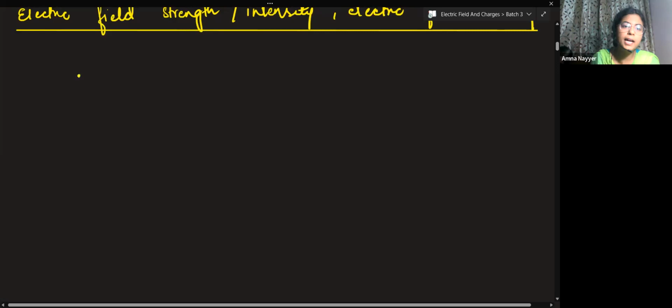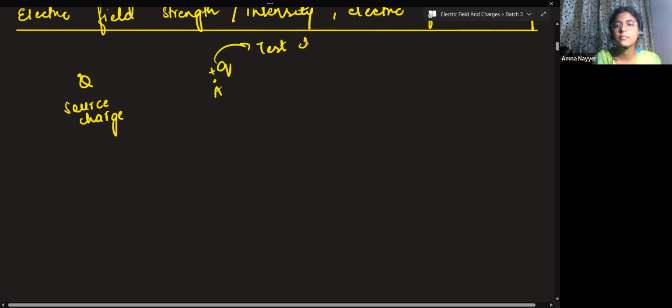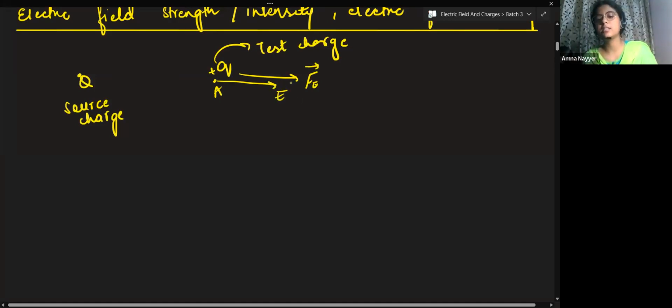Again, I have the source charge, capital Q. At this point A, I have taken plus q, the test charge. This experiences a certain force, Fe, and let's say electric field is directed in this direction.